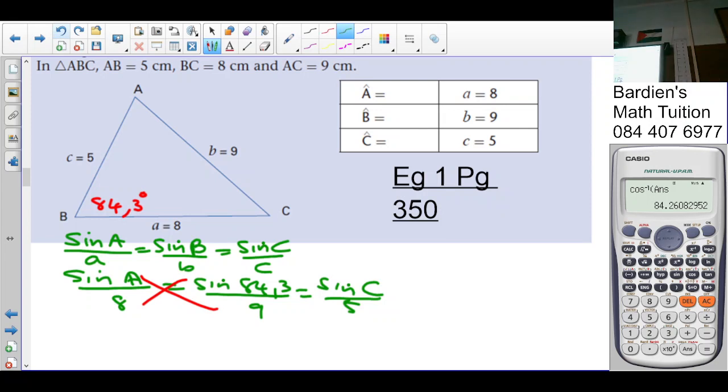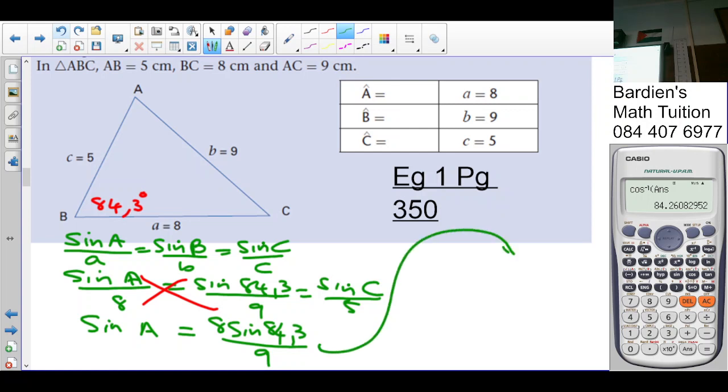So that will be 9 sine A is equal to 8 sine 84.3. Then I divide by 9 on both sides. So sine of A is equal to that, which now implies that angle A is equal to arc sine of that ratio. Not so?